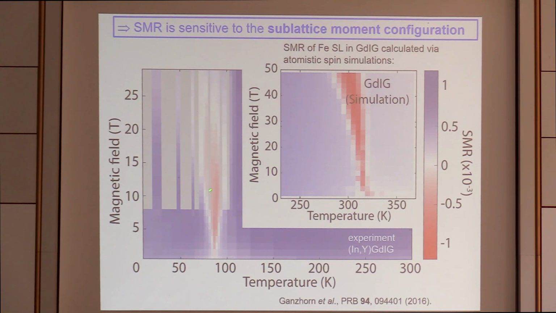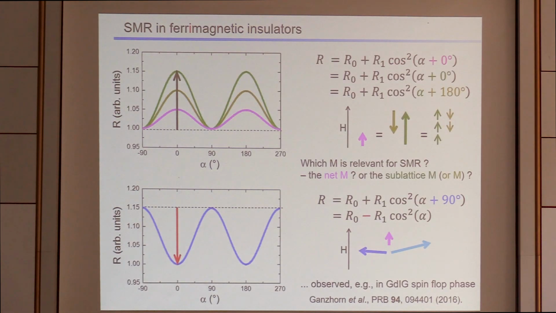And indeed, there seems to be a nice correspondence between what you anticipate from such a canted ferromagnet and what you observe in experiment. So as a take-home message of that first part, we think we indeed can measure these canted magnetic phases, these rotated sublattices in magnetic insulators, using spin-Hall magnetoresistance.